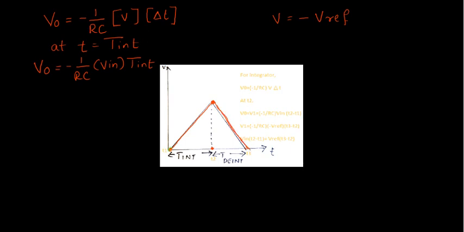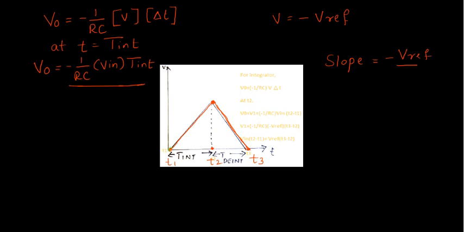Now this is your T1, this is your T2, and this is your T3. So the de-integration takes place with an already existing voltage of minus Vin into TINT divided by RC. That voltage is already present there, right? So this de-integration takes place with a slope equal to minus V reference divided by RC.